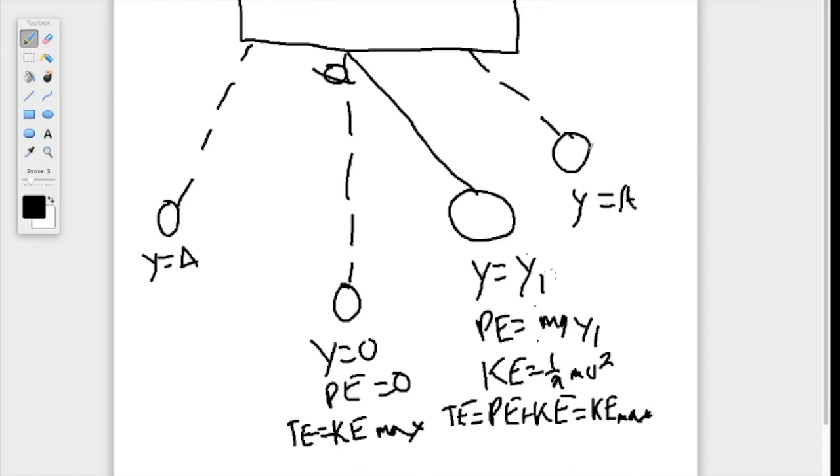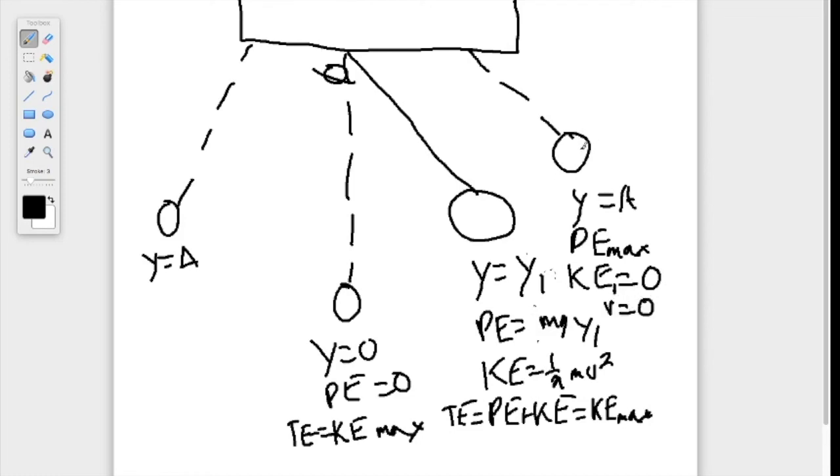All right, so we're given that y is equal to A. That means it's at its max height. So the potential energy is at its max because it can't go farther than that. And because energy is conserved, that means the kinetic energy has to equal 0. And because the kinetic energy is equal to 0, assuming there's a mass to this ball, or whatever object you want to call it, that means the velocity has to equal 0.